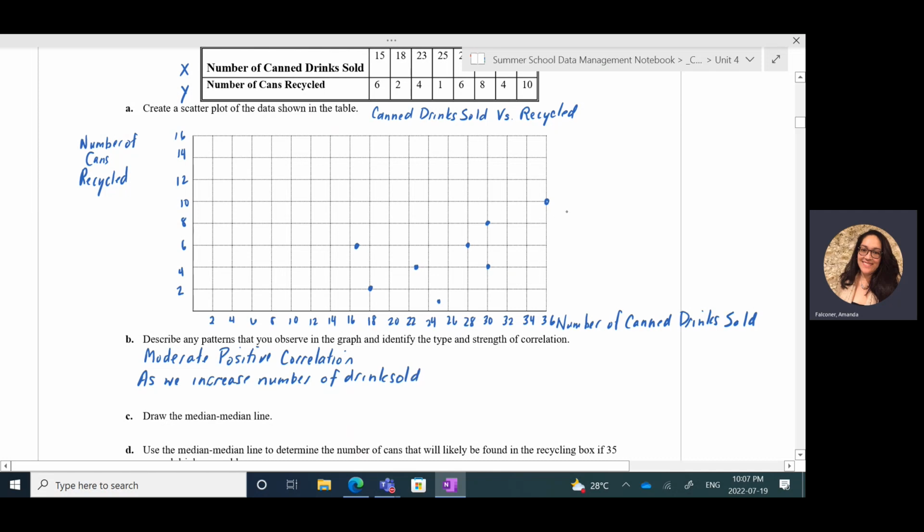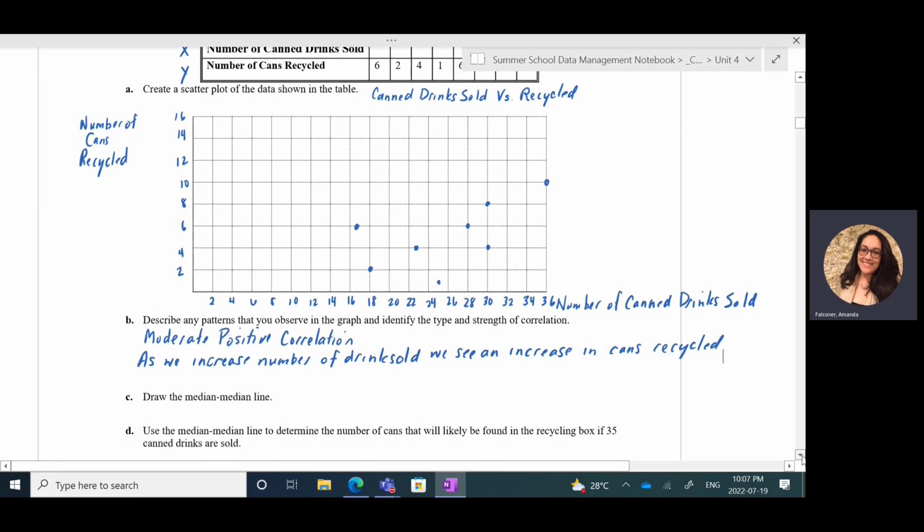It's also increasing because all these dots are going up. As we increase the number of canned drinks sold, we see an increase in the number of cans recycled. That would be a good description for that scenario.